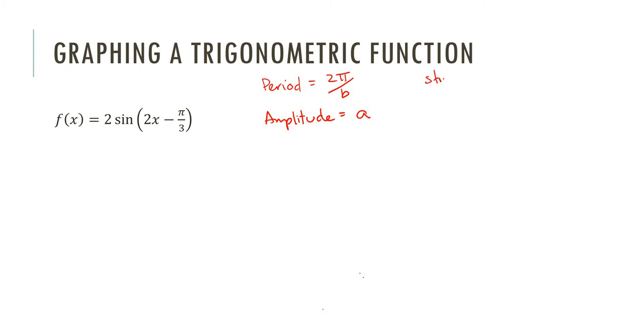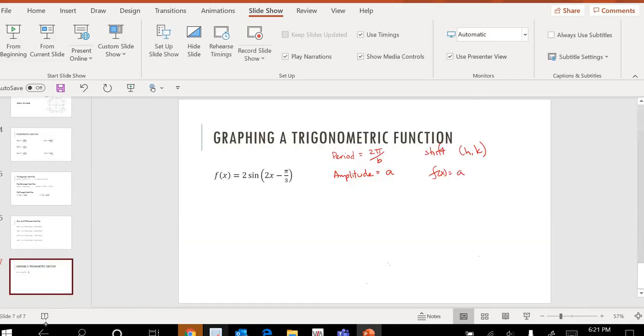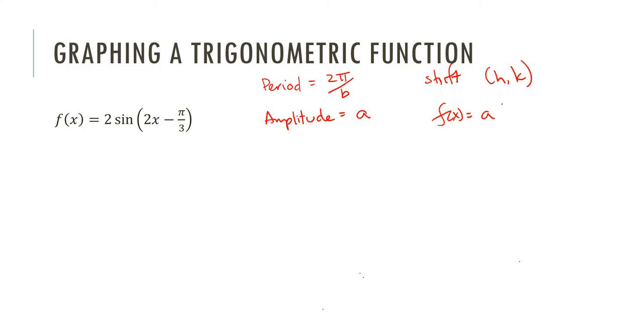Our shift is hk. Now there's no a's, b's, or hk's in here, so let's write a parent function. F of x equals a times the sine of b times x minus h plus k.